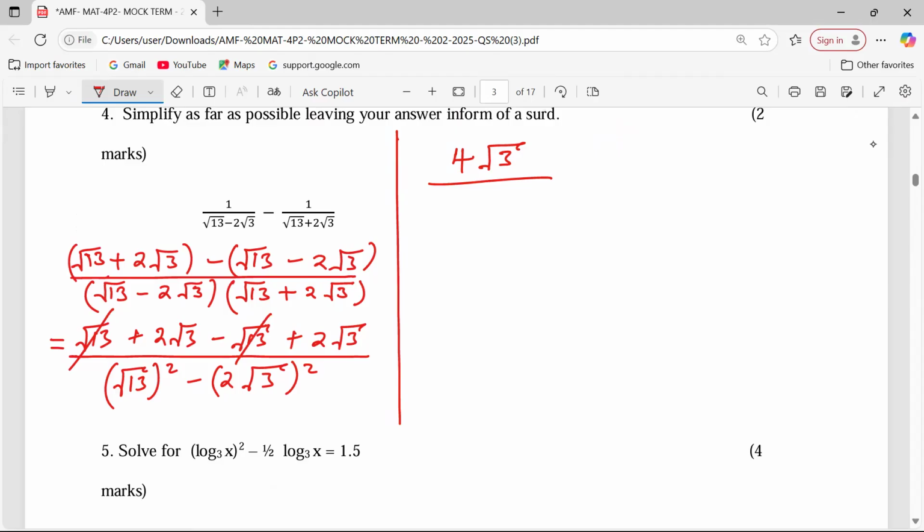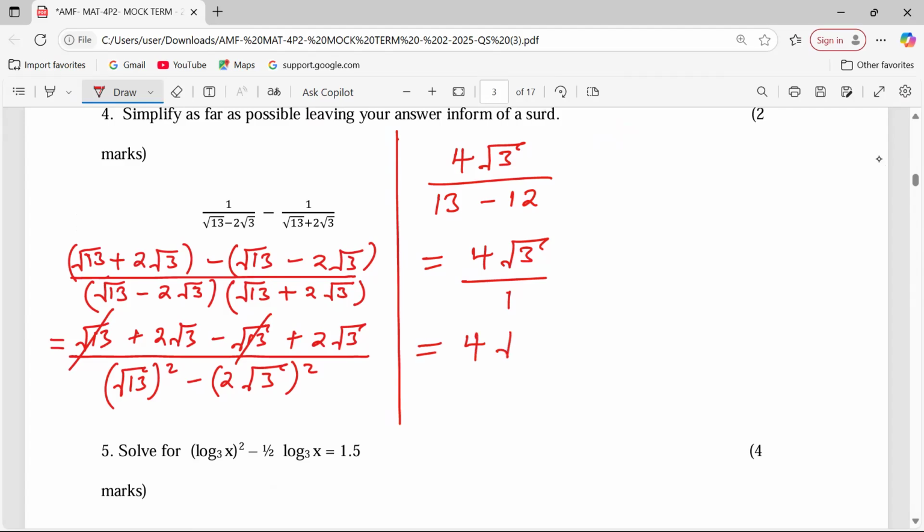Root 13 squared becomes 13 minus 2 root 3 squared becomes 4 times 3, because 2 squared is a 4, and root 3 squared becomes 3. So we shall be having 4 times 3, which is a 12. You see now, we'll be having 4 root 3 over 1.